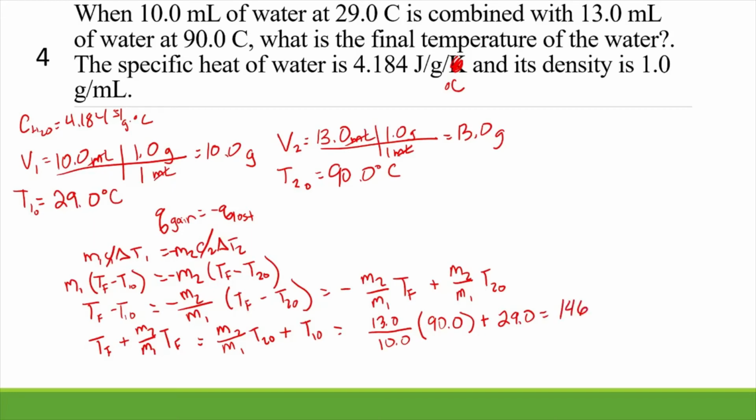So then T final, we don't know what T final is, so we have T final plus M2 over M1, which is 13 over 10, which is 1.3. So then this comes out to be 2.3 times T final is equal to 146. Divide both sides by 2.3, and you get that T final is equal to 63.5 degrees Celsius.